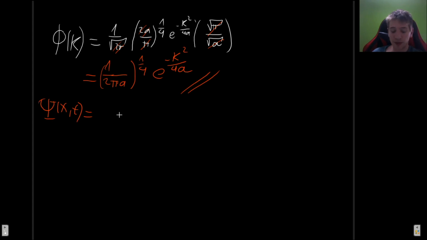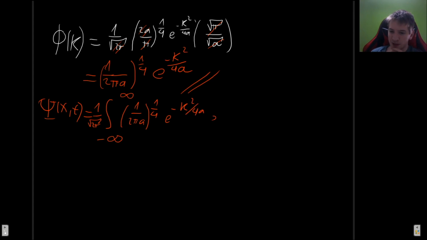So as we remember from the formula from last time, which is basically the way to write down the most general solution for the free particle, this is going to be 1 divided by the square root of pi. This is just that normalization constant, integral from minus infinity to infinity. Then we have our phi of k, which is 1 divided by 2 pi a to the 1/4 power, e to the minus k squared a squared divided by 4a.